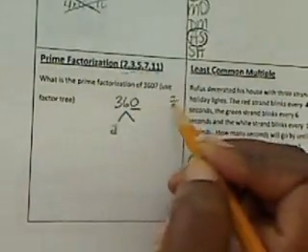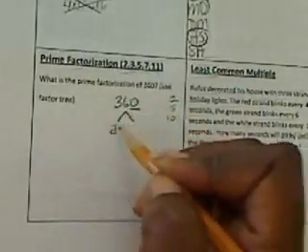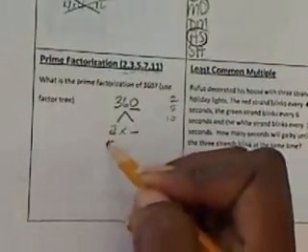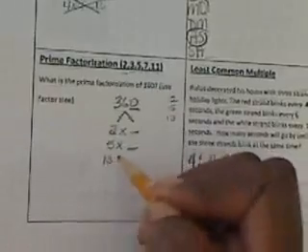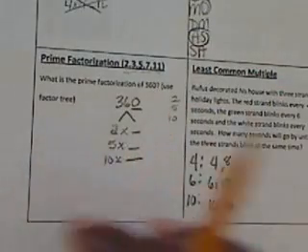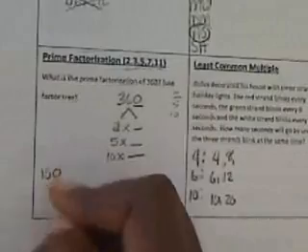You can either divide it by 2, 5, or 10. If you get a 2 over here, you're going to have to figure out 2 times what is 360. If you get a 5, 5 times what is 360, or 10 times what is 360. You need to figure out which one you want to use, and then you'll circle the prime numbers as you go down.